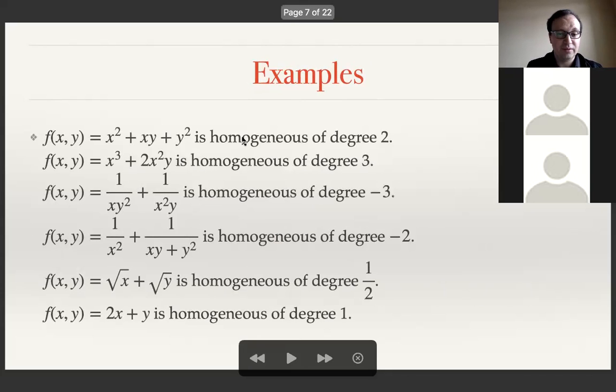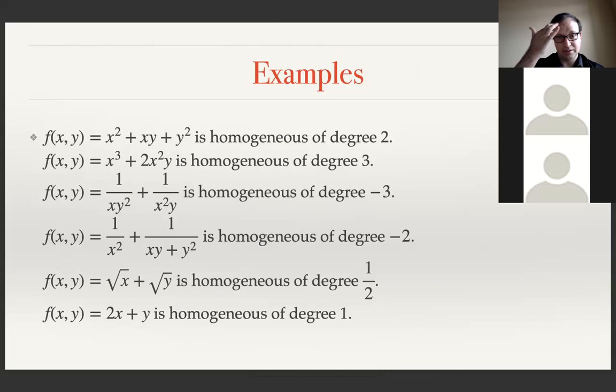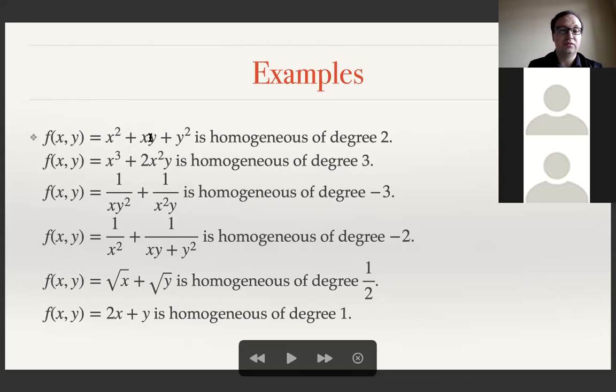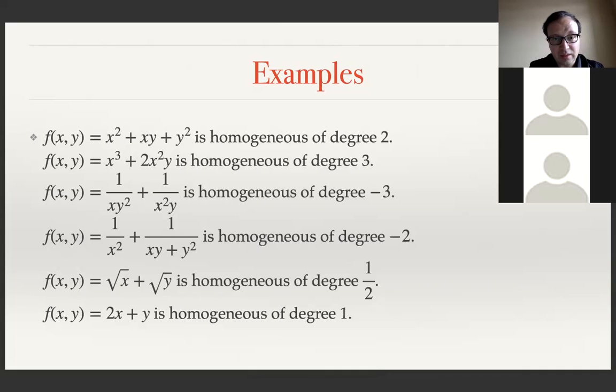Here are a couple of examples. This is a homogeneous polynomial of degree 2 because all the powers x squared, xy, y squared are of degree 2. When we have a product of more than one variable, the degree that we count is the sum of the degrees of each individual variable, so the total degree.